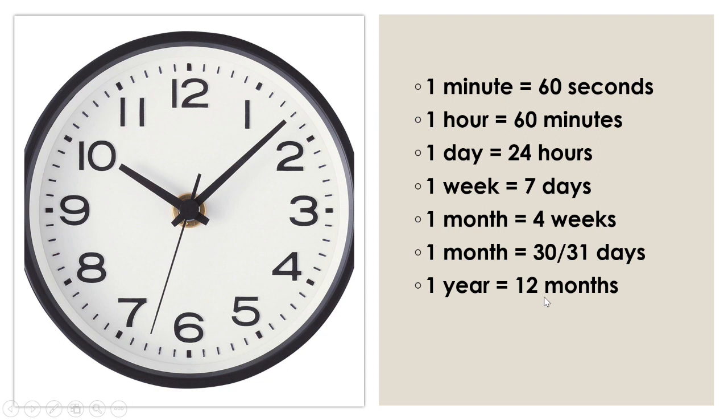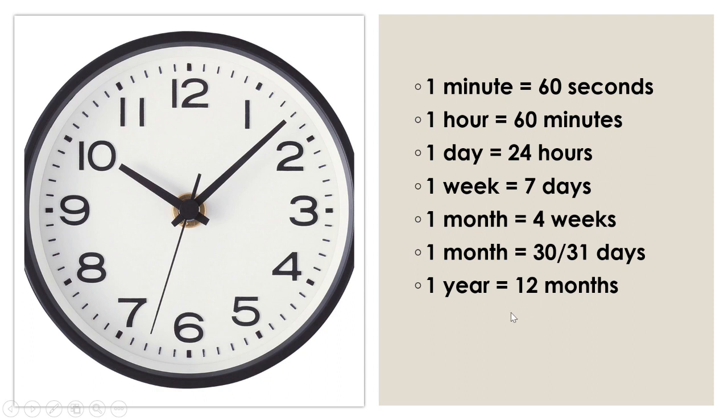January, February, March, April, May, June, July, August, September, October, November, December. So you counted? Were there 12 months? Yes. So my dear children, 1 year has 12 months.